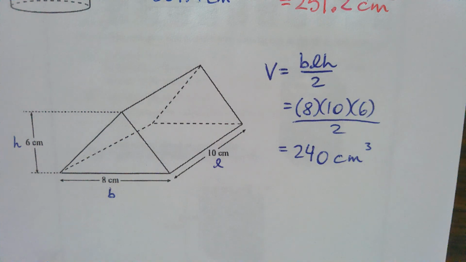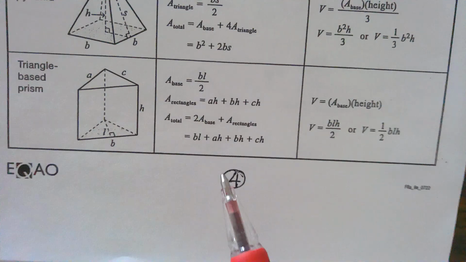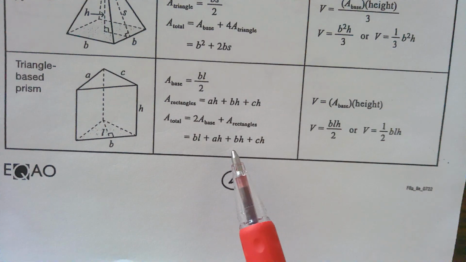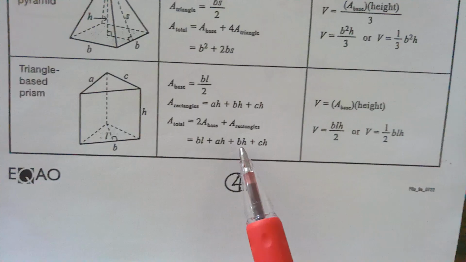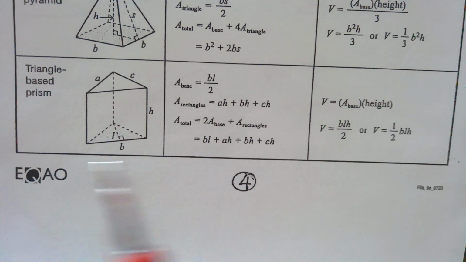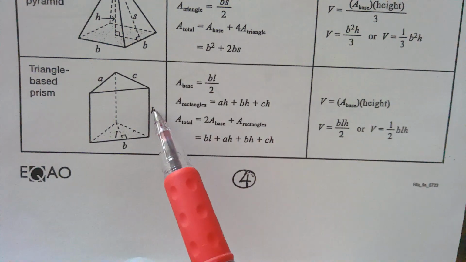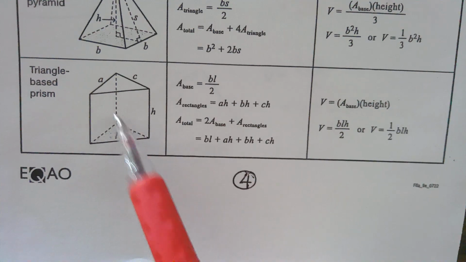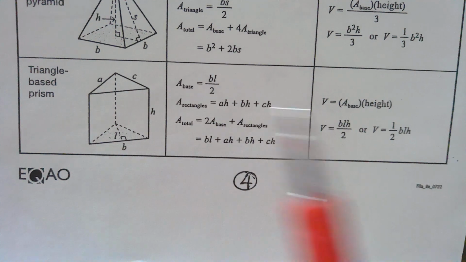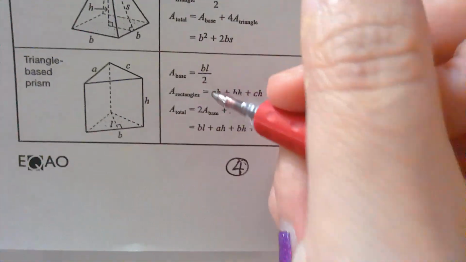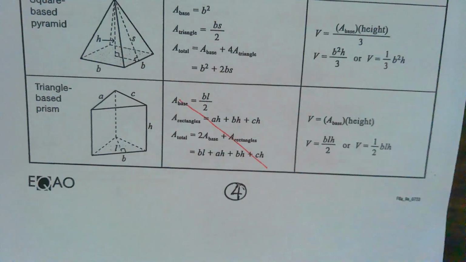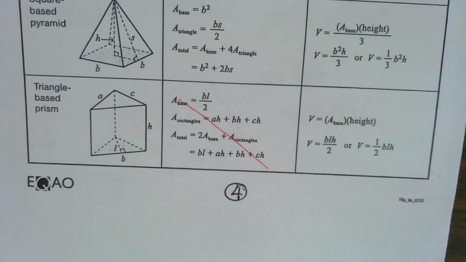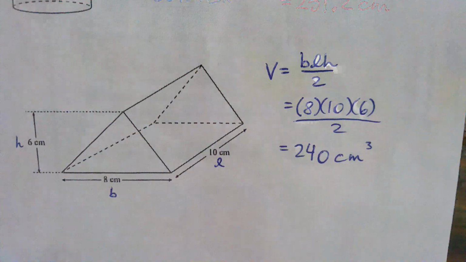Surface area. Looking at this, I hate this formula because it's so confusing. Notice here, they called this H and they called this L instead, and then they're using A and C. I don't know what they're talking about. So usually, I don't use this one because it's just too confusing.